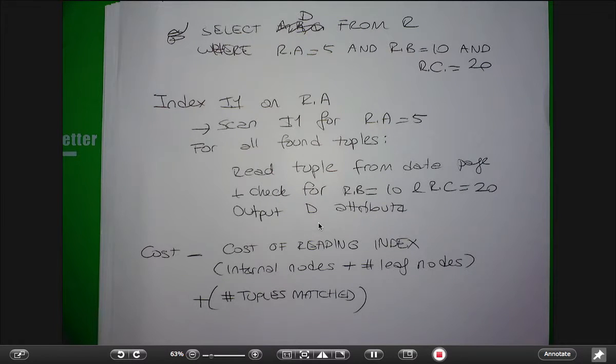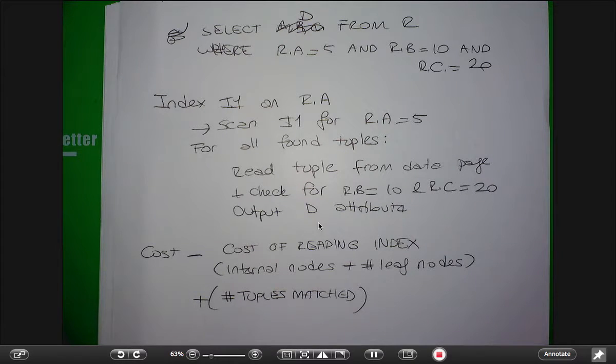Is it possible that the number of tuples that are matched to your query is greater than the number of pages? Is it possible that I actually read more than the number of pages of R? So think about, yes? The tree height is fixed.